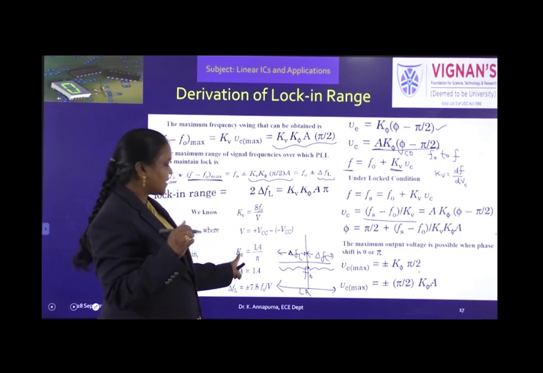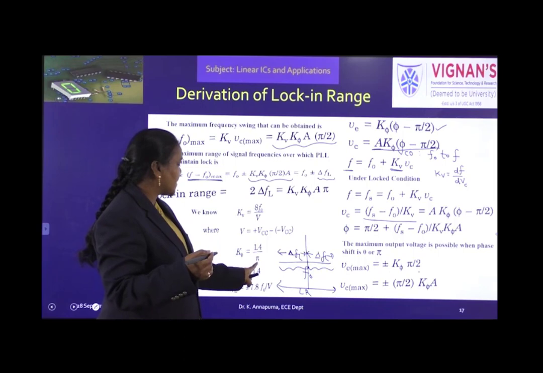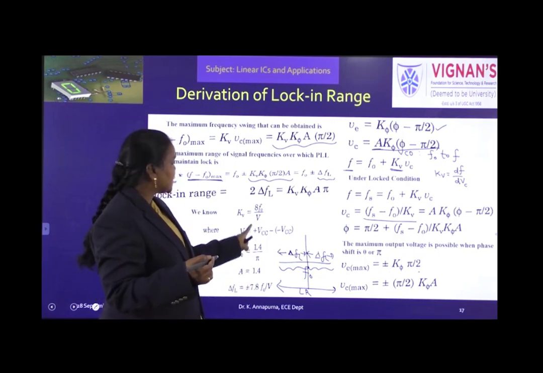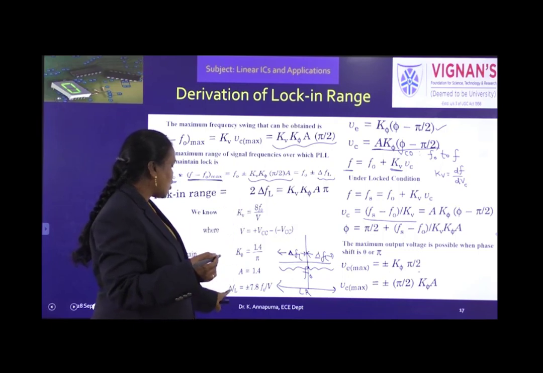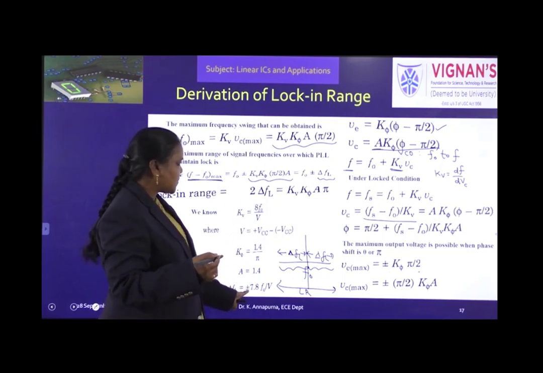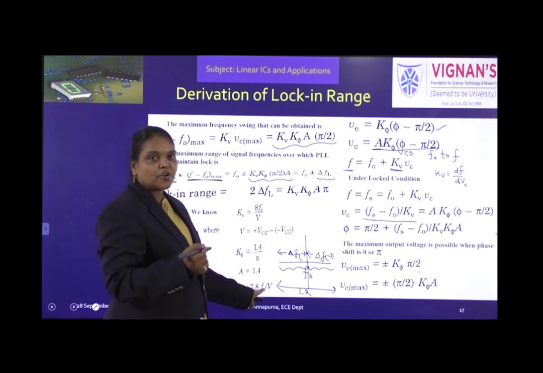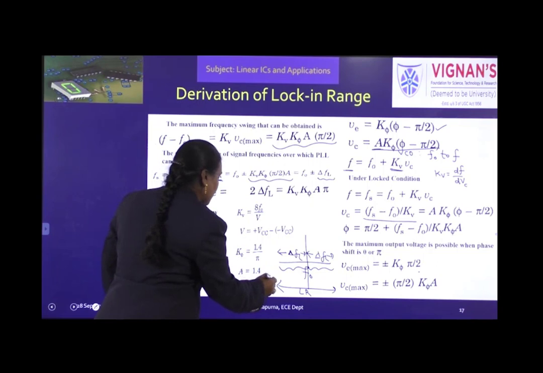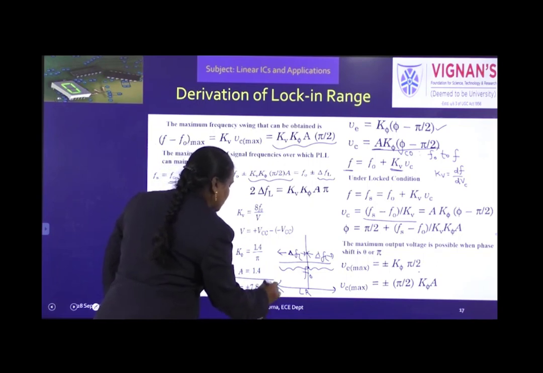And k phi for this IC is 1.4 by pi. And the amplifier gain is 1.4. If I substitute these values, the lock range or delta FL is plus or minus 7.8 F0 by V. Okay. So this is the final lock-in range.